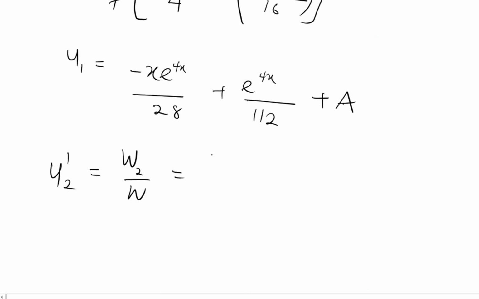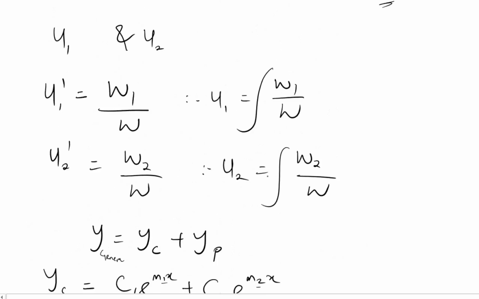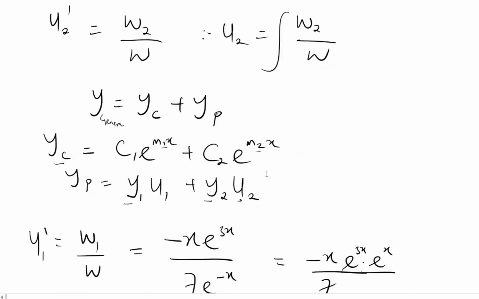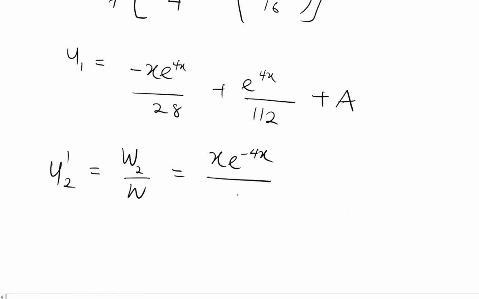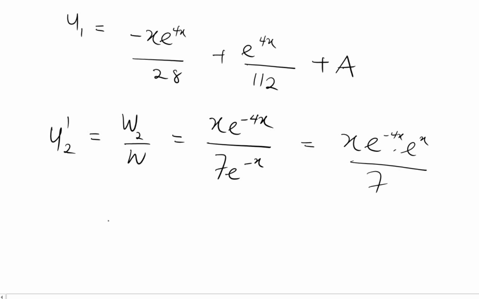So x exponential of minus 4x divided by, what's my general w? 7 exponential of minus x. This will give me x exponential of minus 4x multiplied by exponential x divided by 7, which is going to give me u2 prime is equal to x exponential of minus 3x divided by 7.